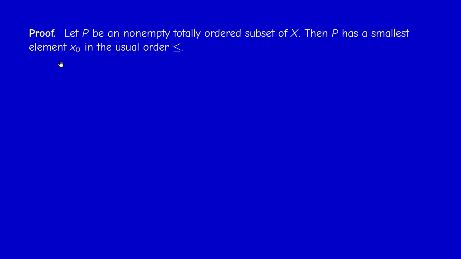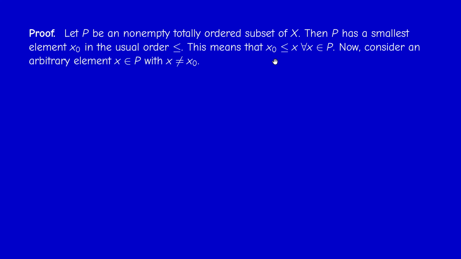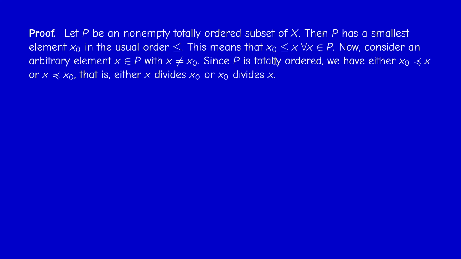I will not prove that any subset of the natural numbers has a smallest element, because we would have to construct the naturals, but I will assume it. So P has the smallest element x0 in the usual order. So for every x in P, x is bigger or equal to x0 in the usual order. So x0 is at least 2. We don't know what x0 is, but it exists. Now consider an arbitrary element x in P which is different from x0.